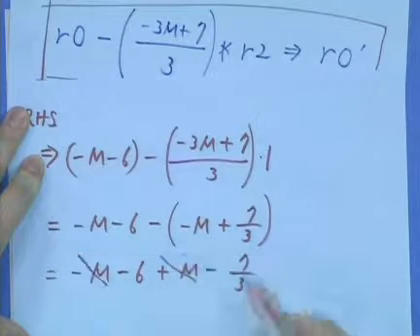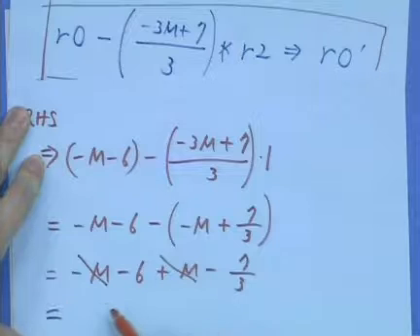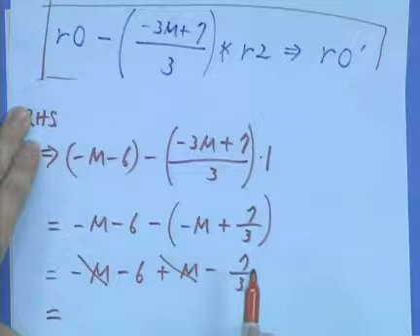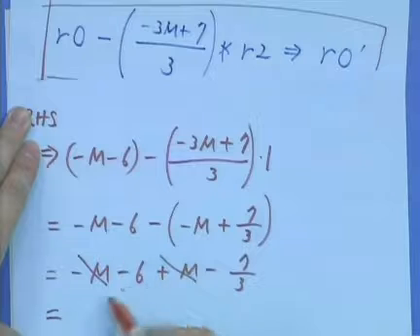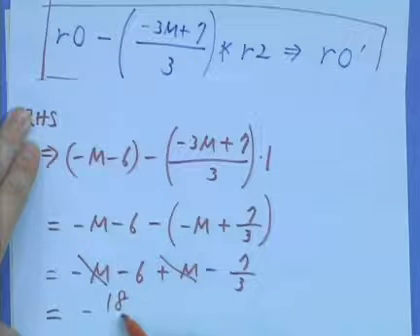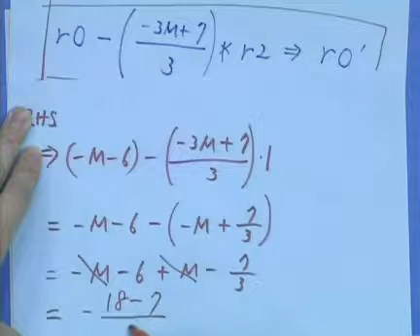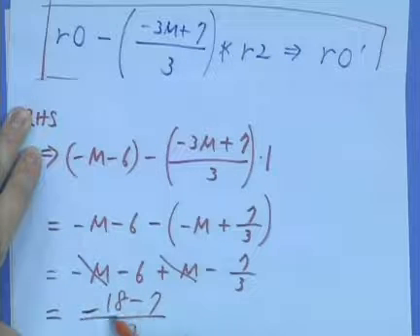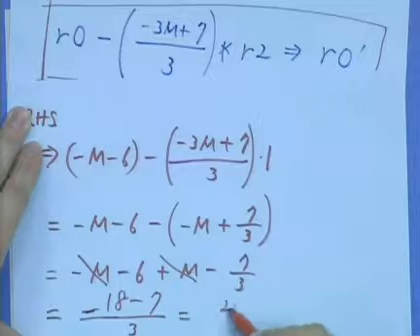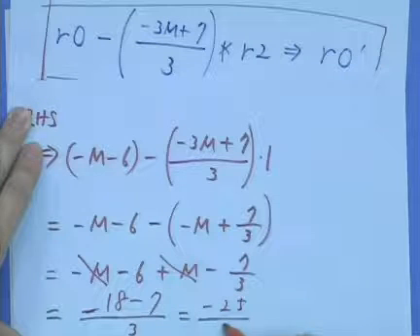So this is going to be removed. Negative 18 minus 7, 3, right? It's going to be negative 25 over 3, right?